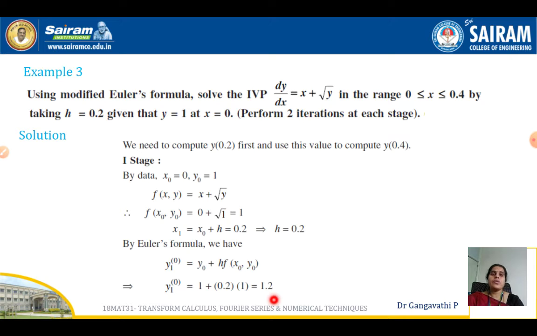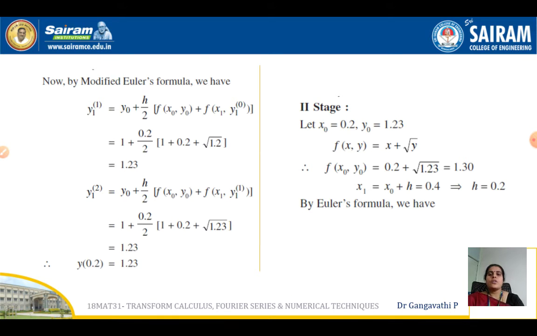Now we have to use modified Euler's method. We use modified Euler's method again to get a better approximated value. For that we use the modified Euler's formula, which is given by y1 at first approximation is equal to y naught plus h by 2 into f of x naught y naught plus f of x1 comma y1 at 0th approximation. So what is f of x1 comma y1 at 0th approximation?